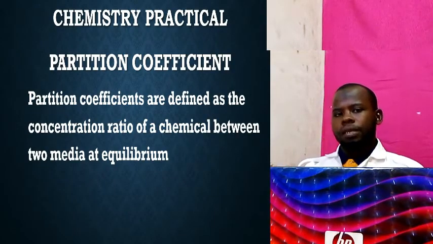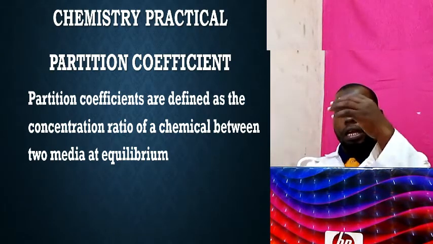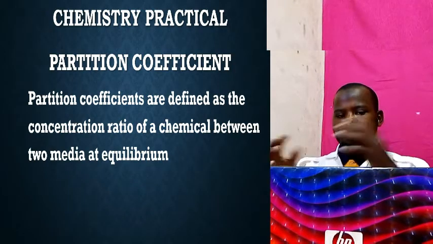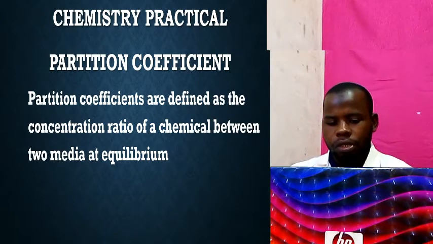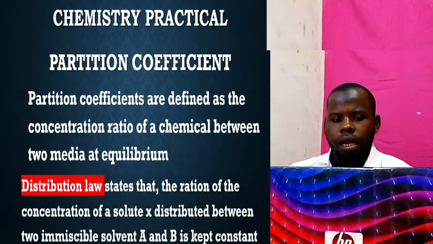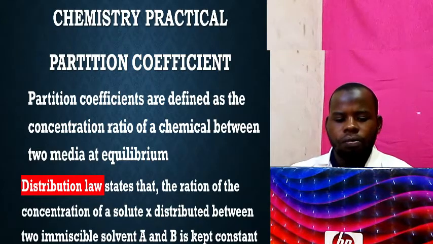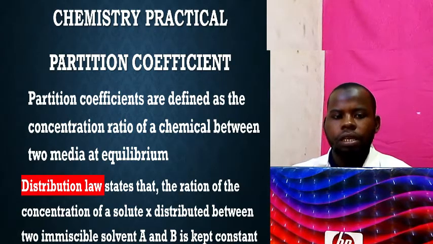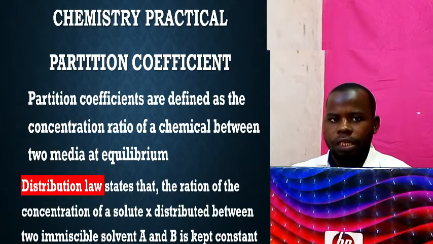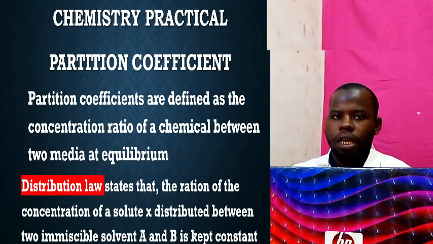Sometimes when you mix solvents, one is distributed into another, so we are going to determine the concentration ratio of that solvent. In addition, we have the distribution law, which states that the ratio of the concentration of a solute X distributed between two immiscible solvents or liquids A and B is kept constant. That is the distribution law.